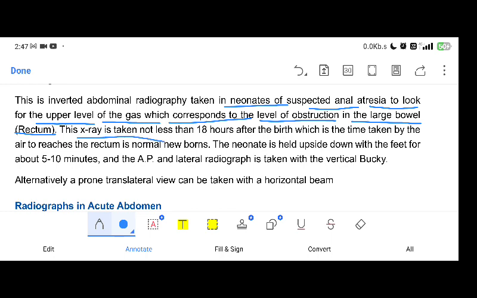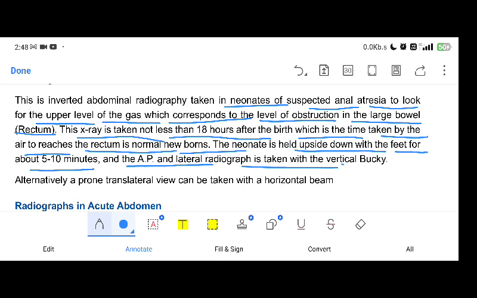So this X-ray is taken not less than 18 hours after birth, which is the normal time taken by air to reach the rectum. The newborn is held upside down with the feet up for about 5 to 10 minutes, and AP and lateral radiographs are taken with the vertical bucky, and alternatively a cross-table lateral view can be taken with a horizontal beam.